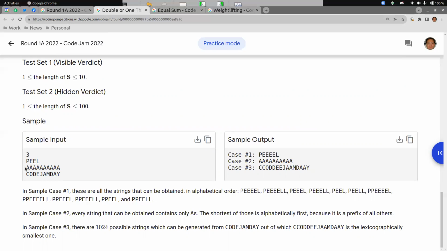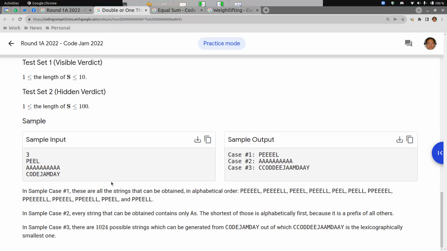So in the second case, the string is, how many A's? 10 A's together. And if you don't double anything up, then that turned out to be the first one, because any other string will have more A's, but they're still all A's, so they will come later.